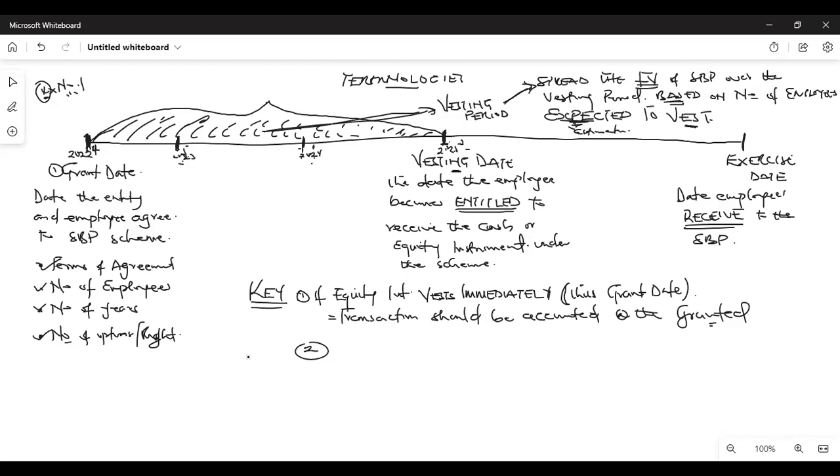But the normal condition is that you have conditions before. So if the options are granted, normally there is a condition upon attainment of some conditions.